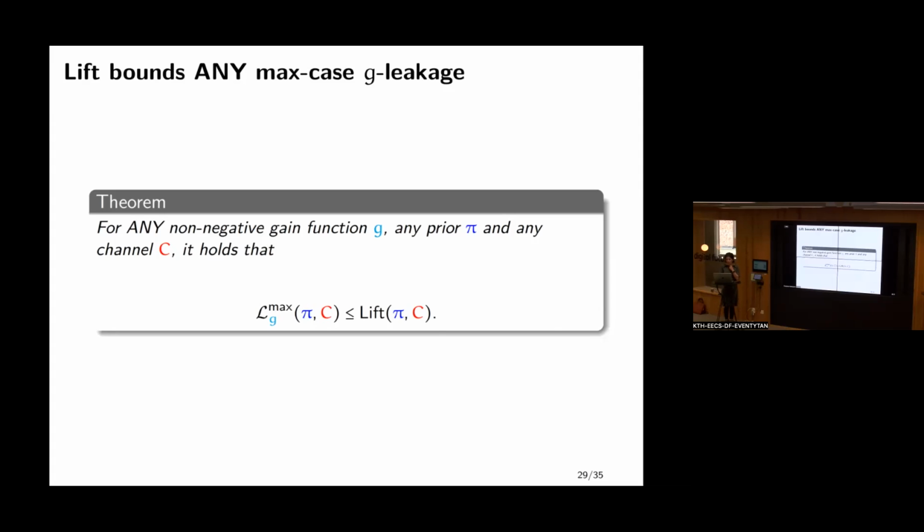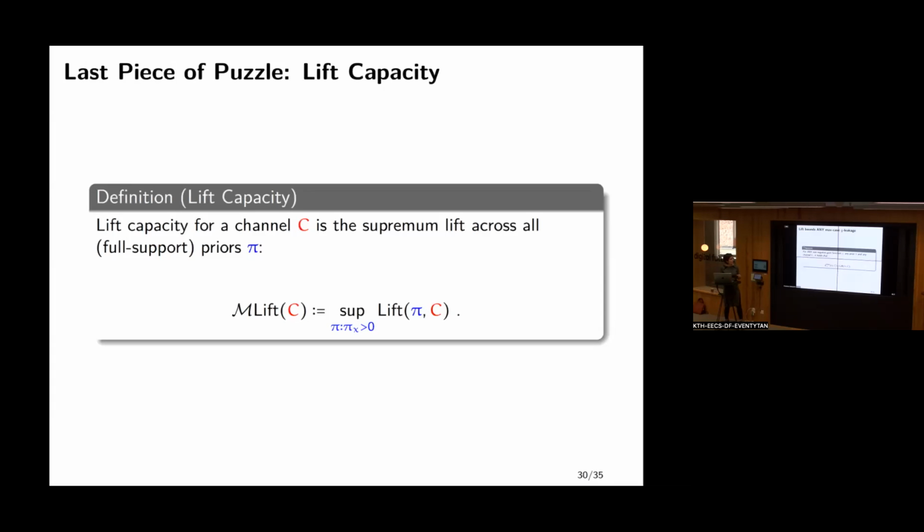Then the last piece of the puzzle that allows us to combine everything and to provide an operational meaning for epsilon differential privacy is as follows. It is something called lift capacity. Remember that I said lift is a function of both prior and the channel.